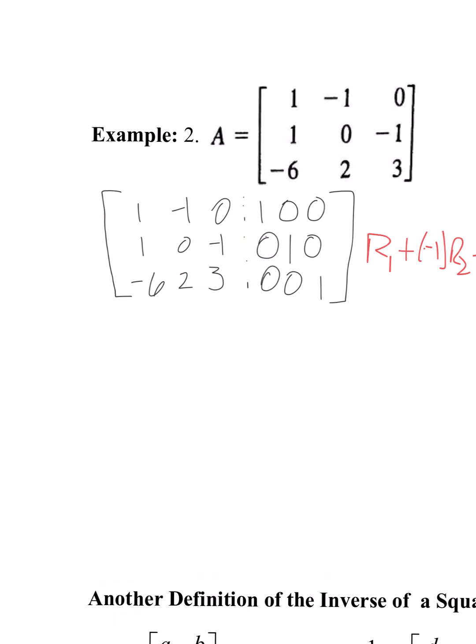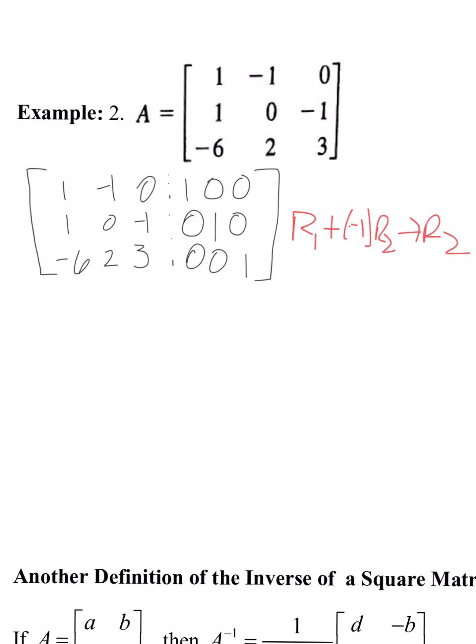Then it's going to give us our new R2. Also going to eliminate this by getting this to 0 by multiplying this by 6 and adding it to that. So 6 times R1 plus R3 will get us a new R3.